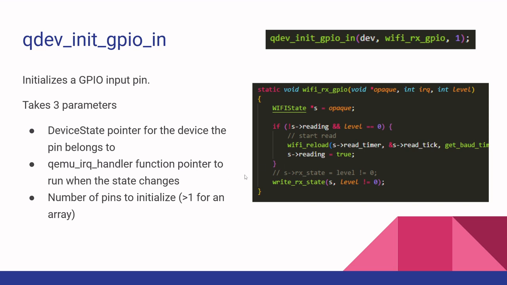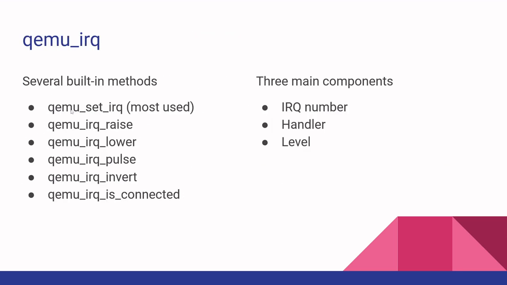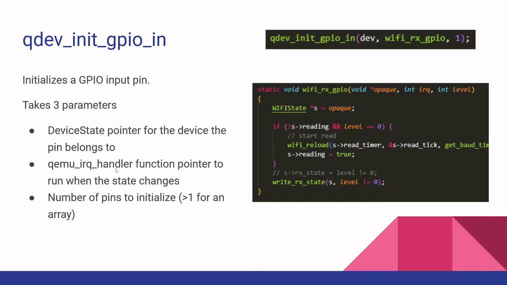That gets run when the state changes using the set, or any of these, it will call the handler. And then the last argument is the number of pins to initialize.